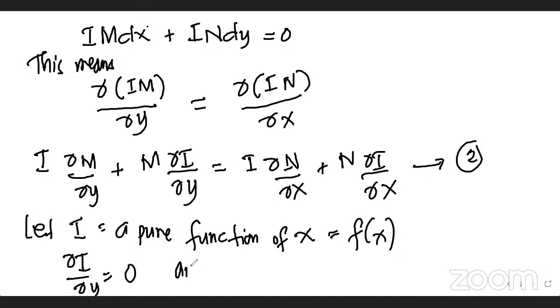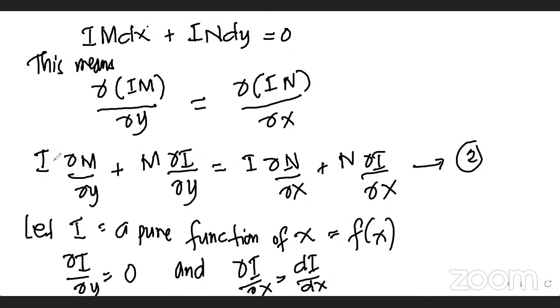And in this case, yung partial derivative of I with respect to x will become an ordinary derivative or total differential na dI over dx. Kasi nga, partial of I with respect to y is 0 na. So itong partial of I natin with respect to x is now an ordinary derivative. Now, plugging these in dun sa ating equation number 2, let's rewrite equation number 2.